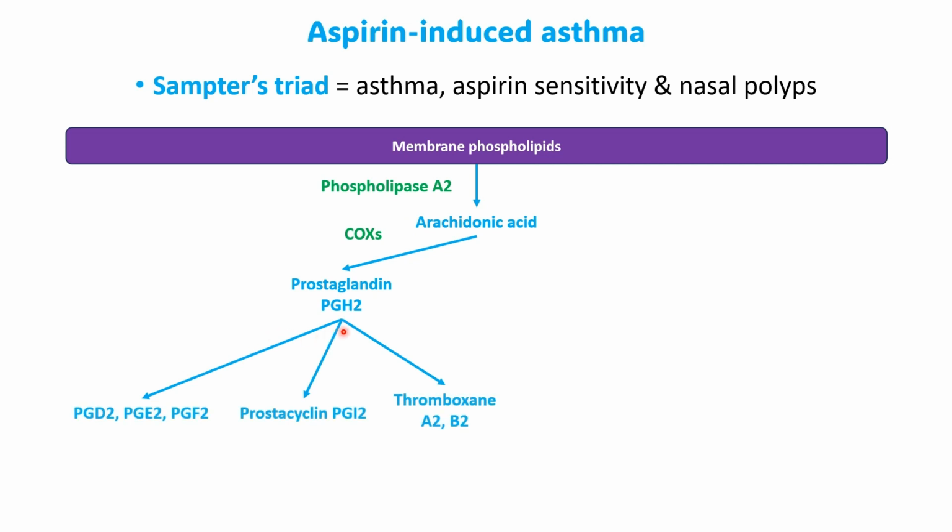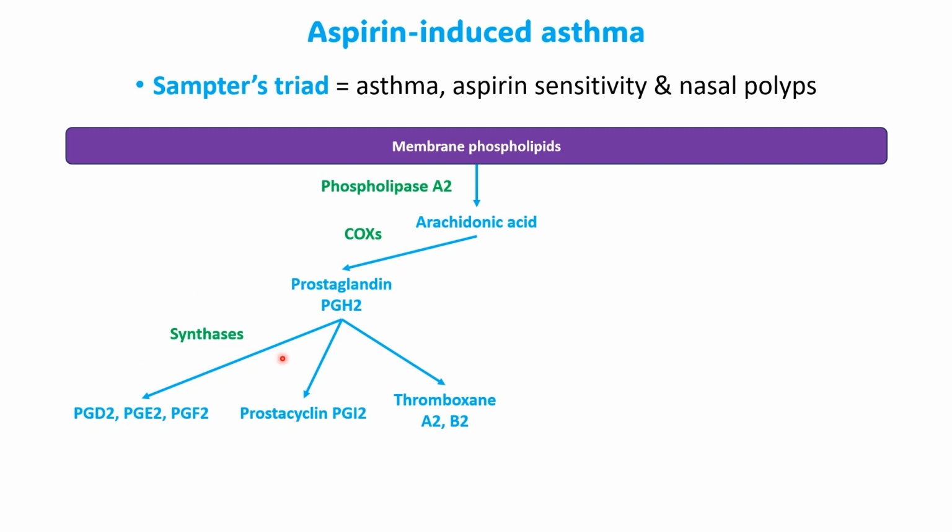So we have D2, E2, F2, prostacyclin, which is also known as PGI2, and these substances called thromboxanes. So we have thromboxane A2, which is the most common, and thromboxanes are involved in hemostasis. You don't need to know the specifics of the enzyme. So let's just say for this, it's different synthase enzymes because they're making these different substances.